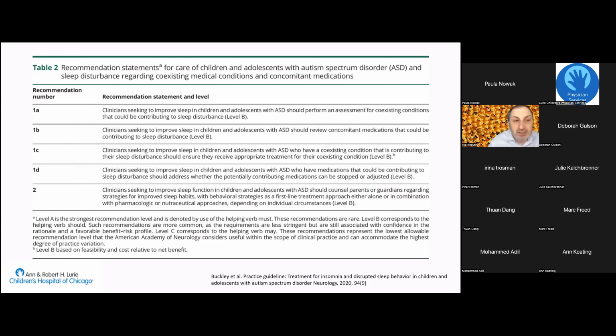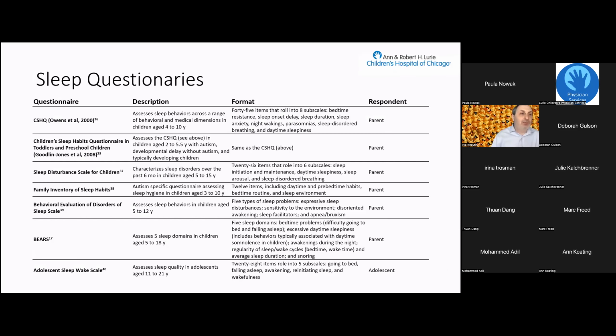Okay, so the way we assess, we can use a formal questionnaire like the CSHQ, or some modifications of it. There are other types of questionnaires which have fewer questions.